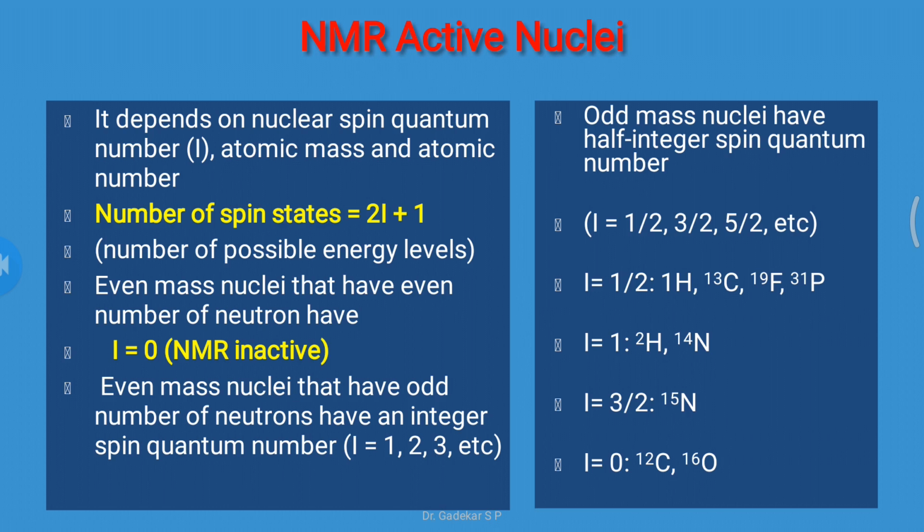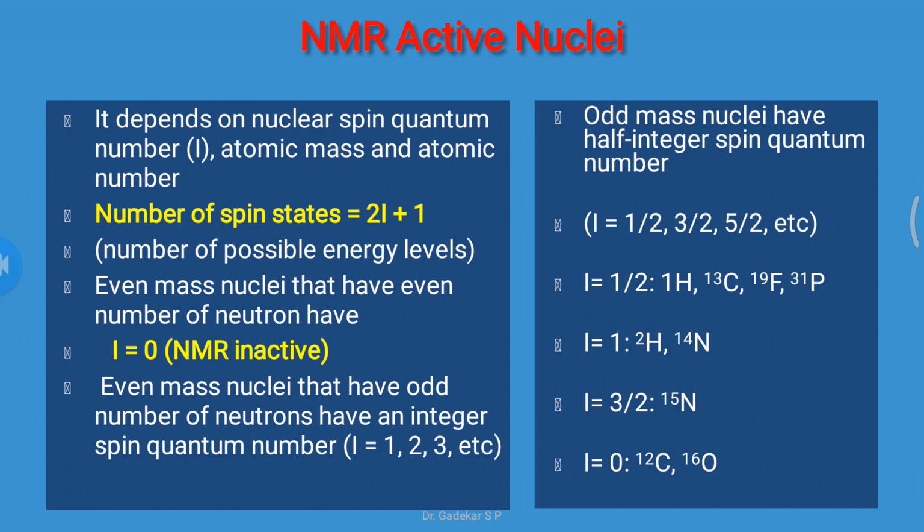The number of spin states is calculated using the formula 2I plus 1. So the number of possible energy levels is calculated with this formula.